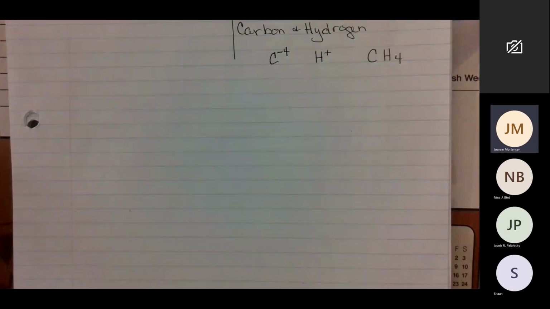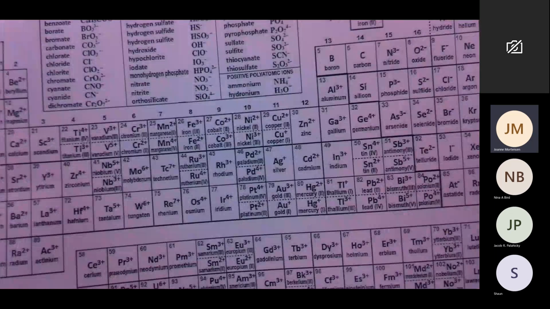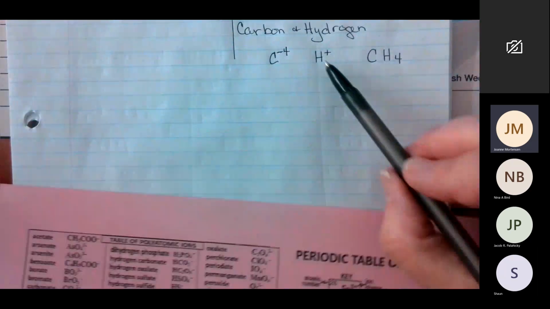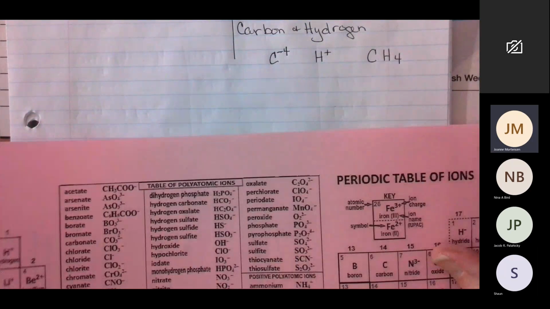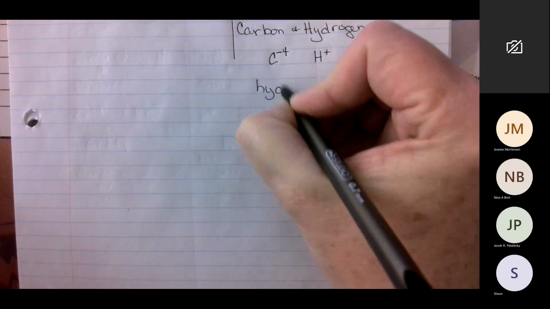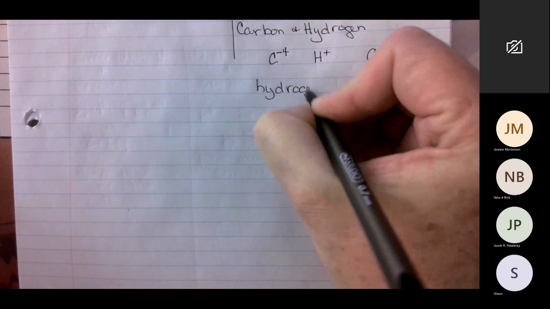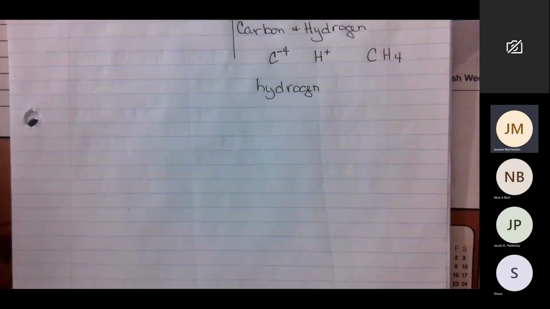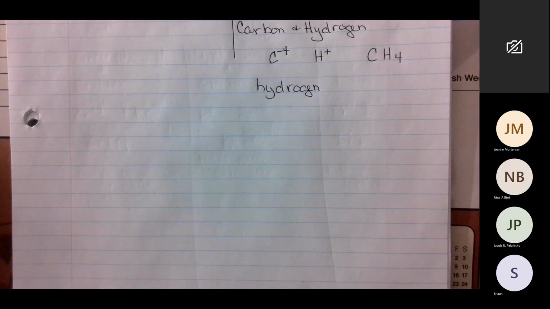If you look where hydrogen is a negative, we could call it hydride, except that's when it's a negative, but we had it as a positive. So we would actually call it hydrogen, because if you remember, I said the positive part always goes first, even when I sneakily put it in the back.